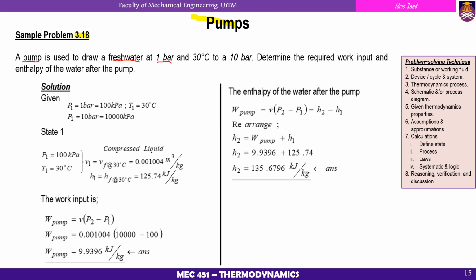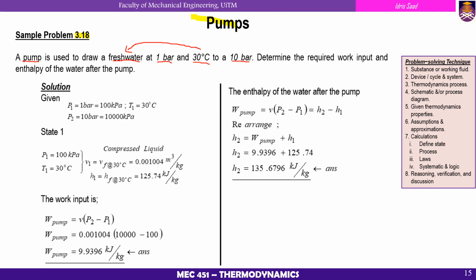Please remember 1 bar is equal to 100 kilopascal, and 30 degrees Celsius. With water, we do not need to change the unit of degrees Celsius, to 10 bar. That means this pump is used to increase the pressure of the water from 1 bar to 10 bar.